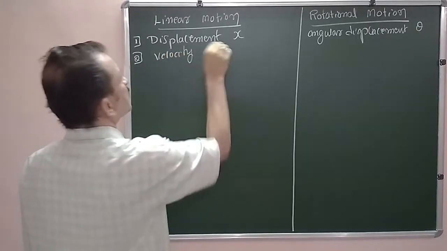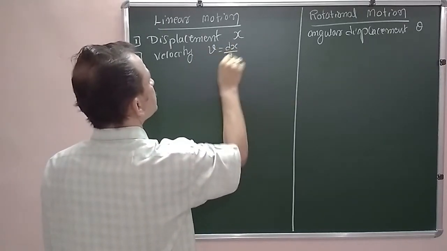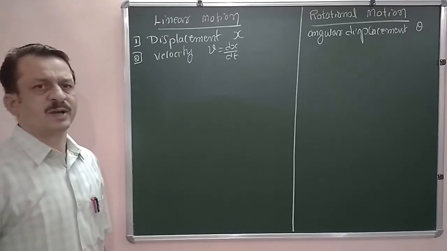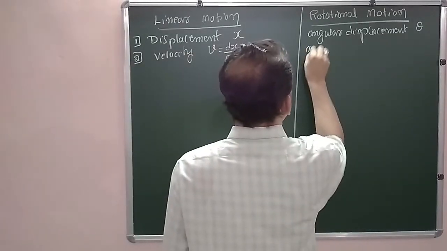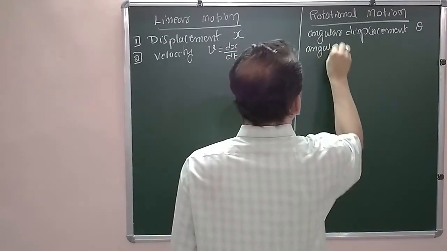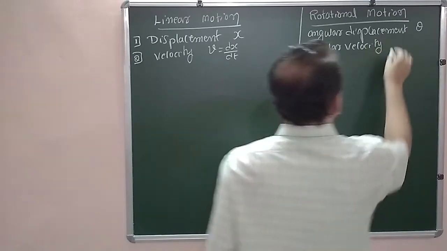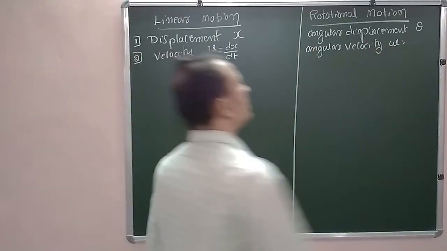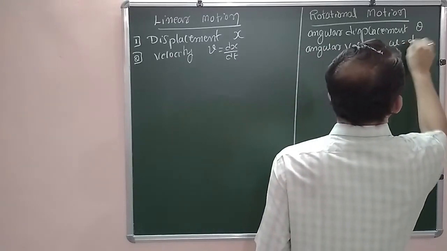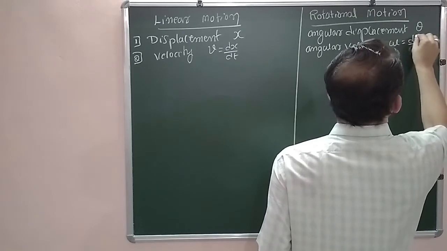After that we have linear velocity, denoted by the letter v, and it is given by the rate of change of displacement. Similarly, here we have angular velocity, given by the letter omega, and it is the rate of change of angular displacement.